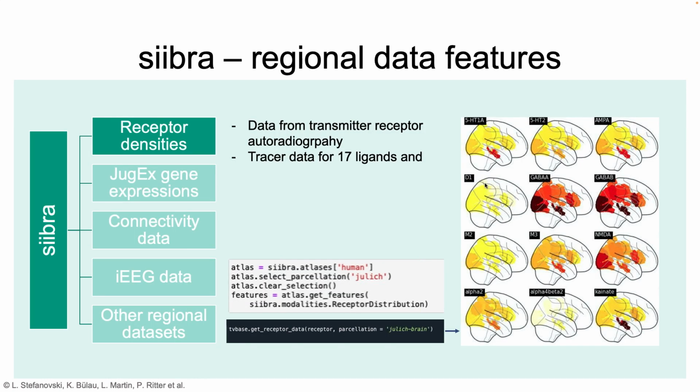All right, so in order to access the data, this is another point from the knowledge graph, you need interfaces. And for the eBrains knowledge graph, we have a really cool software tool developed by the Jülich Institute, and this is called Siibra.